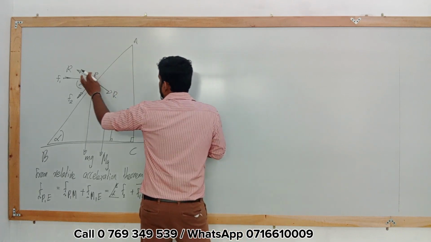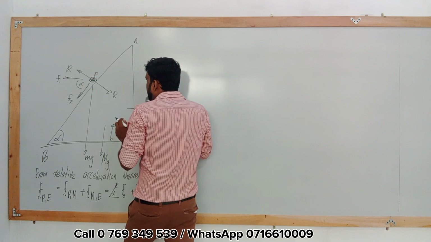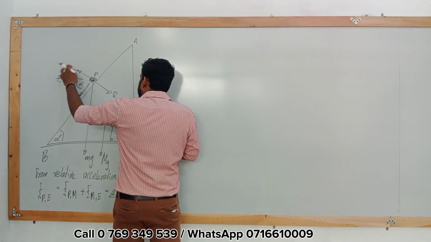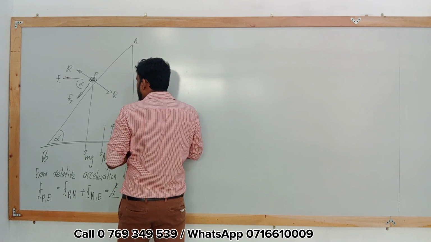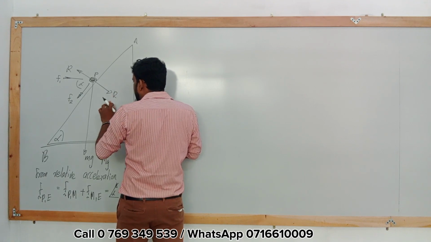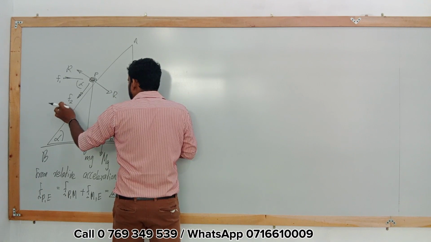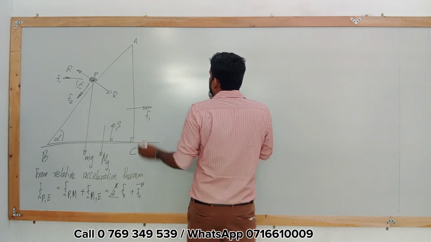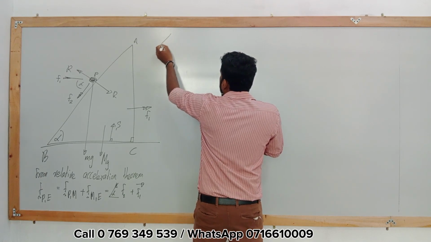First thing, particle P. We are using Newton's second law to cancel this R. Therefore, perpendicular to R, we have to use Newton's second law. And what is that? This direction. What is the direction? From the F2, right? Acceleration direction is acceleration direction, right? This side.